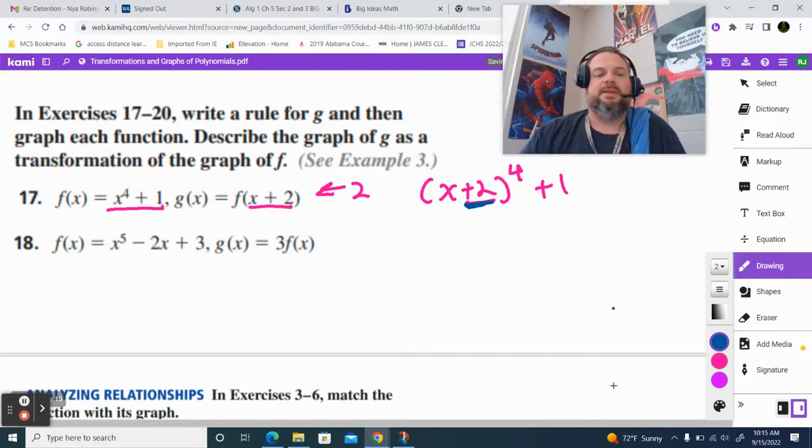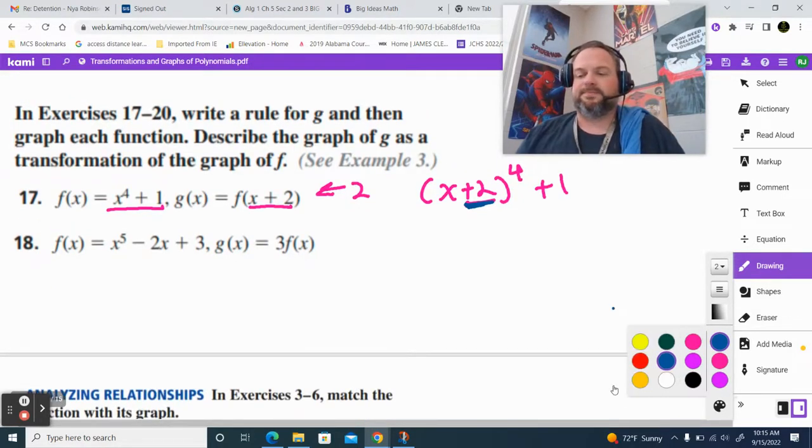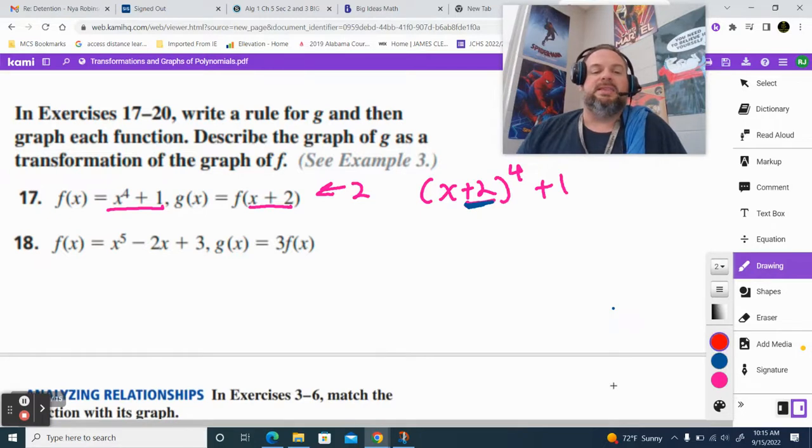So now this one, this 3 is all the way out here in front. This is actually a stretch of 3. Remember, when it's out in front, that's like our A value.